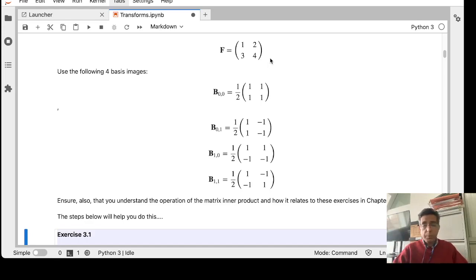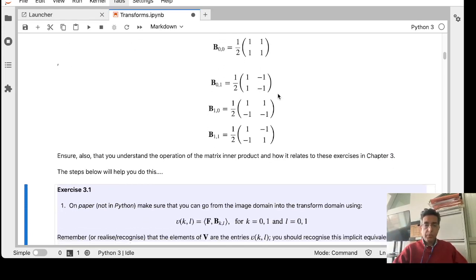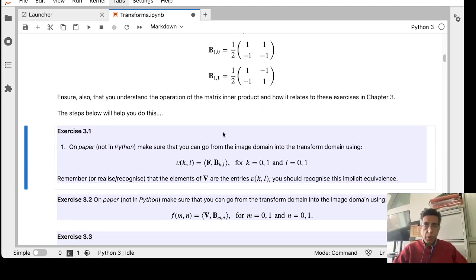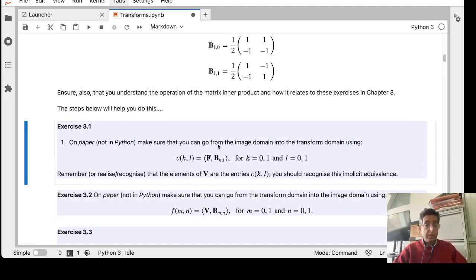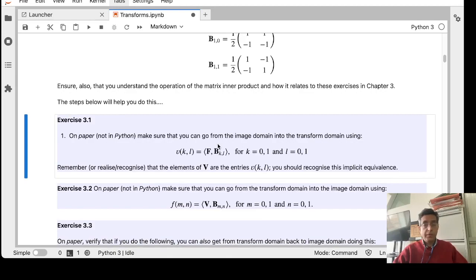Hadamard product means you take each pixel in your first matrix and multiply it by each pixel in the second matrix, and that gives you a result. If you take a sum of all the elements in that result, that gives you the same as the matrix inner product. Okay, so you should run through this calculation and make sure that you get exactly the same result that you have in the notes.